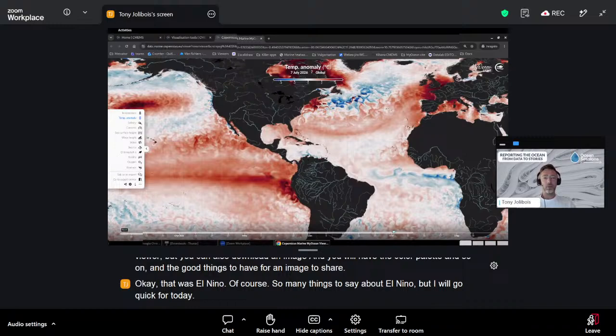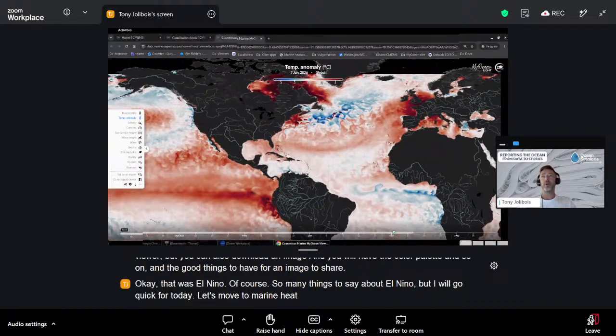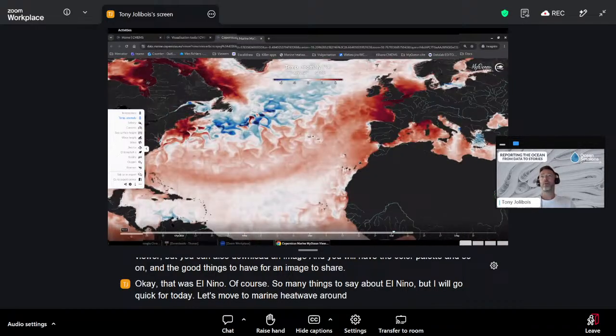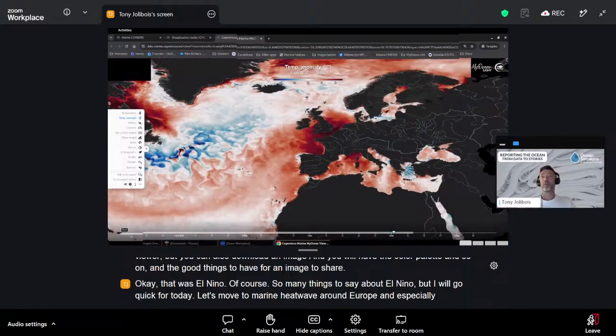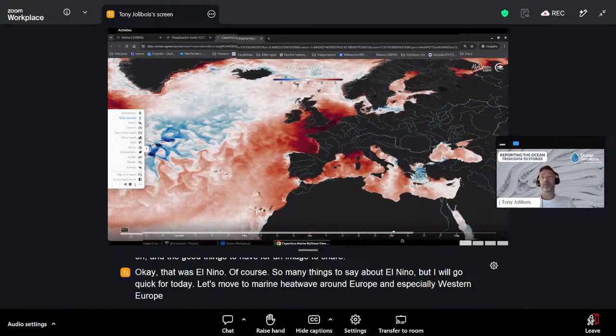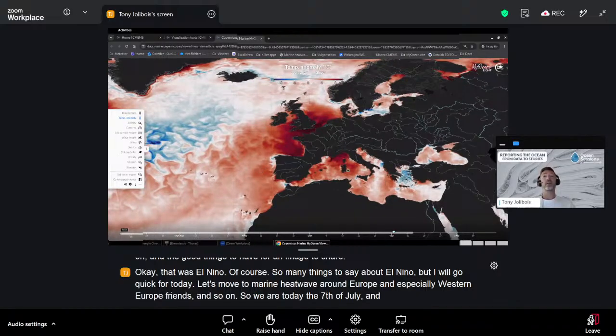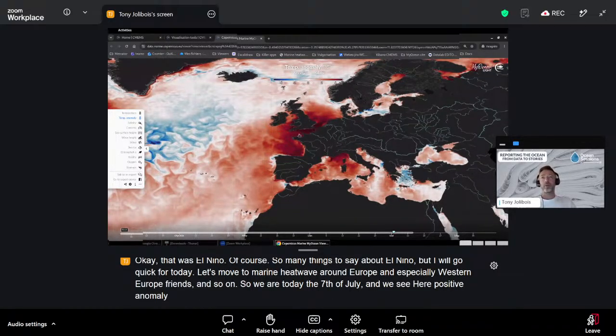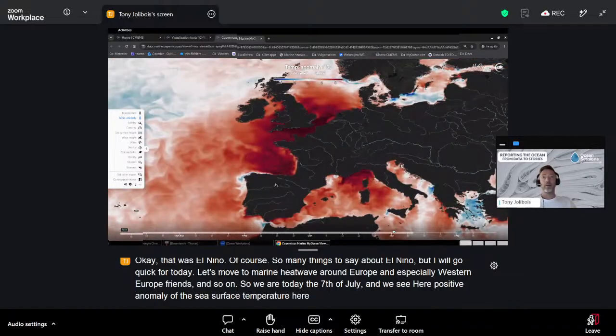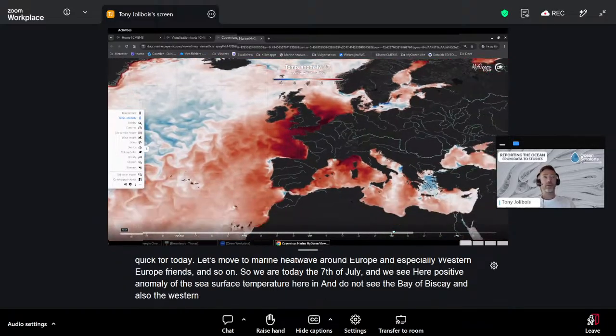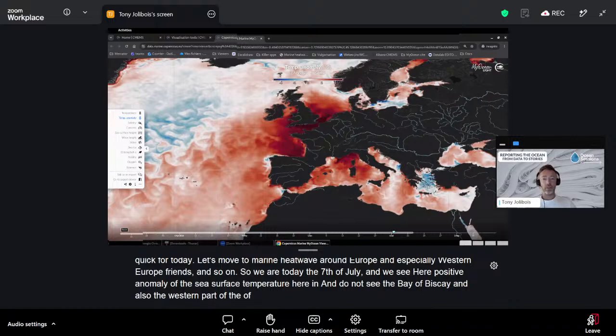Let's move to marine heat wave around Europe, and especially Western Europe, France, and so on. So we are today the 7th of July, and we see here a positive anomaly of the sea surface temperature in the North Sea, the Bay of Biscay, and also the western part of the Mediterranean Sea.